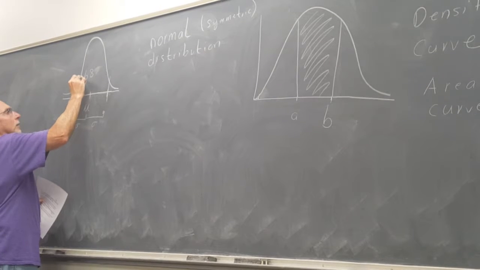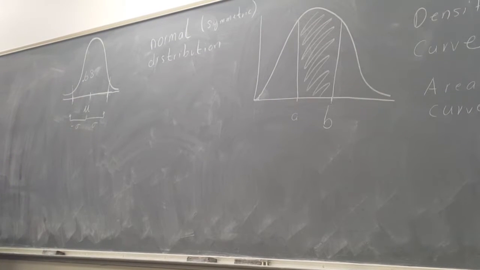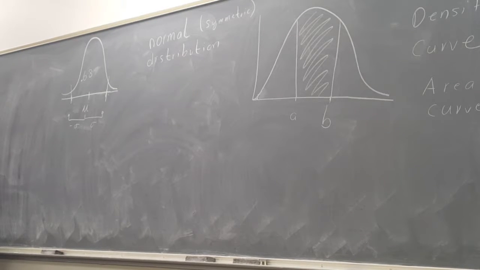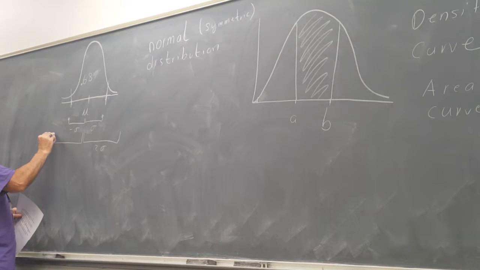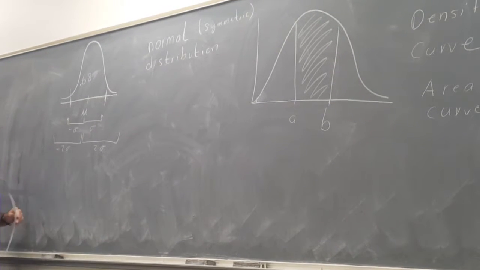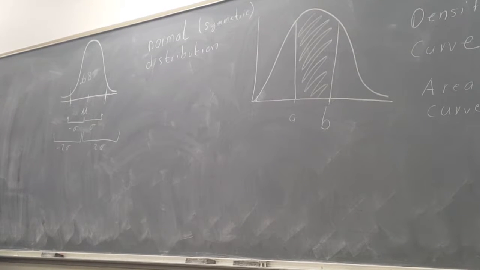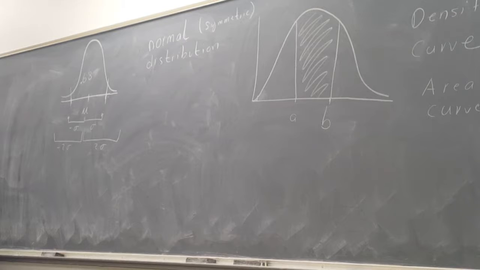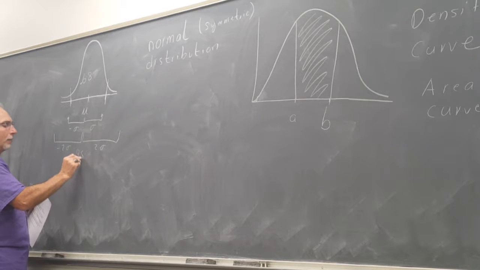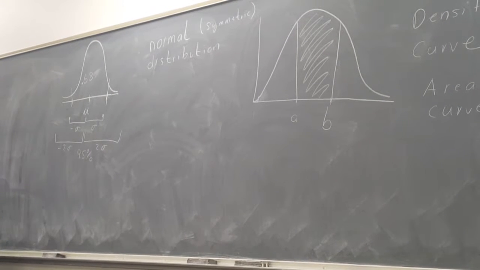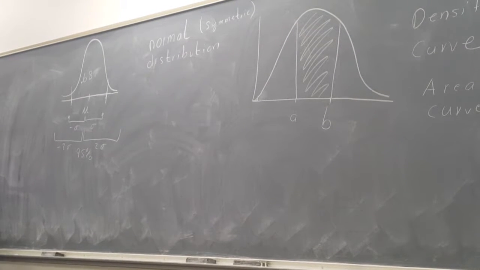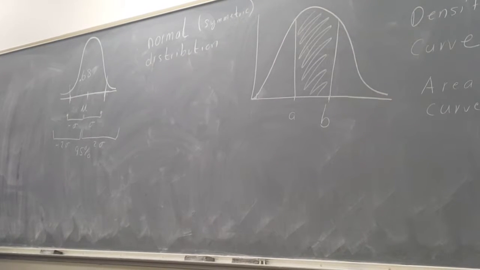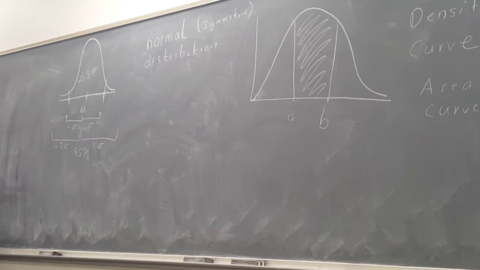And all you do is make it a decimal. Then if I go out 2 standard deviations, it's about 95. I always forget, I think it's like 95.43 or something like that. So it's about 95. And if you go out 3, you get almost all of it, 99.73%. So any normal curve will have these characteristics.